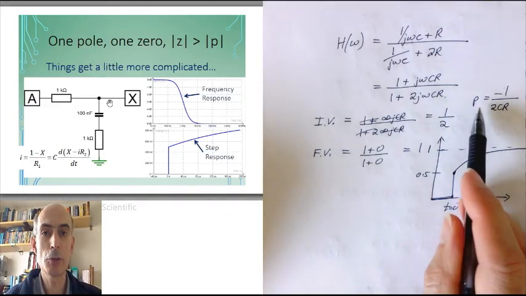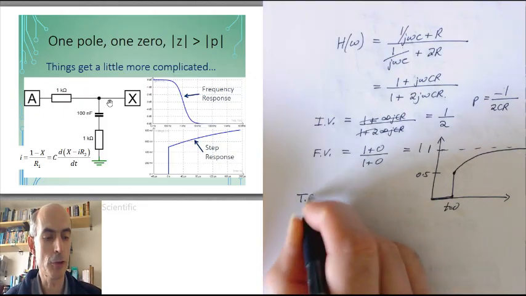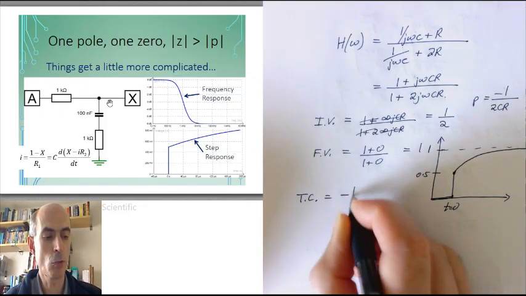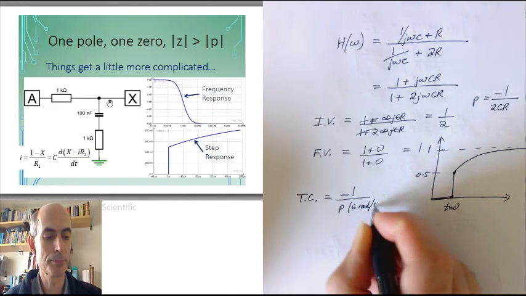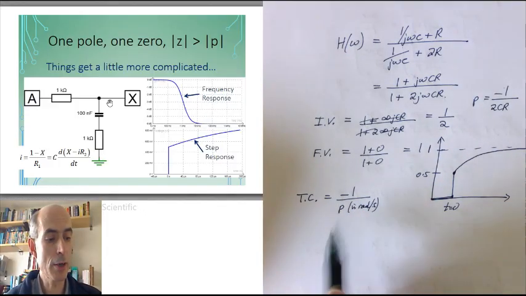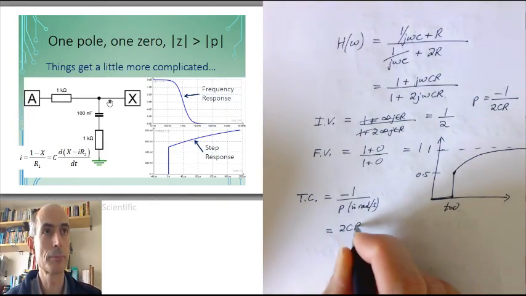And the relationship between the pole and the time constant is that the time constant is minus 1 over the pole in radians per second. So in this case here, our time constant is going to be 2CR.